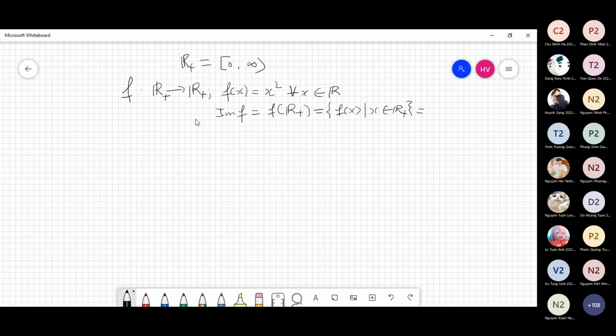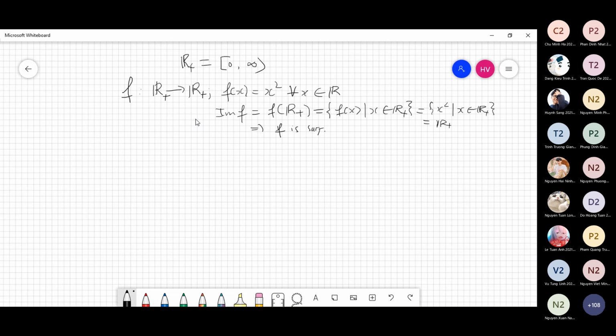This is x squared, where x is running over R plus, and clearly this is R plus also. So this f is surjective.